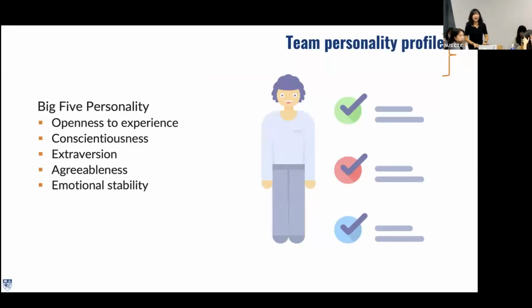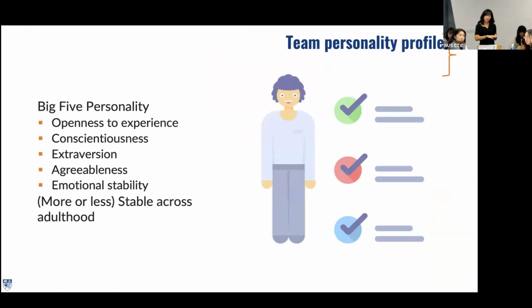That's something that has been shown to be quite stable across your lifetime. It varies as a population. People actually become, for example, less sociable over time and less open to new experience over time. But more or less, these are some of the defining features that you can use when we define different types of people. So we're saying, okay, maybe we can use Big 5 personality as a way to predict whether a team will work well together or not.